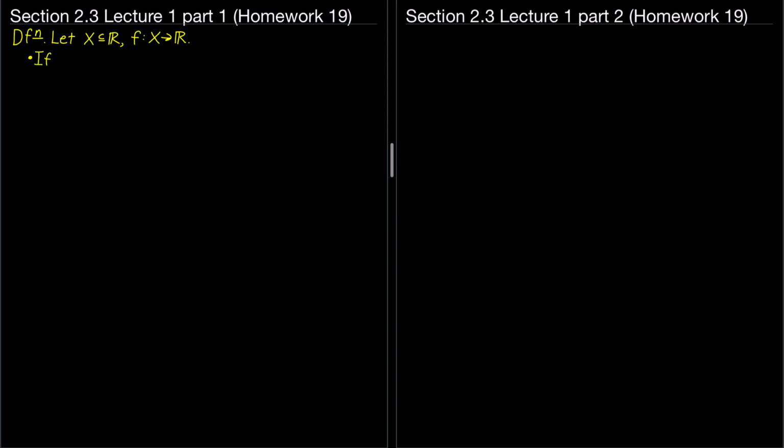If f of x is less than or equal to f of y for all x, y in X with x less than y, if making the input bigger never makes the output smaller, either keeps the output the same or makes it bigger, we say that f is an increasing function.